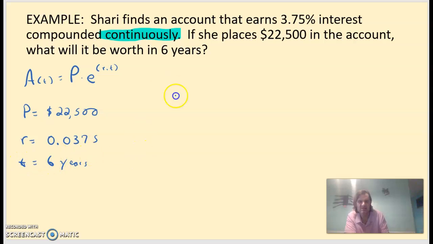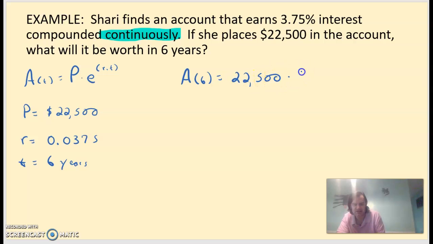A little messy there. But let's plug everything in. So A of 6 equals 22,500 times e to the 0.0375 times 6. So let's put that in our calculator and see how much money she will have in 6 years.